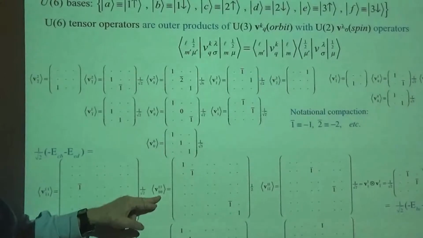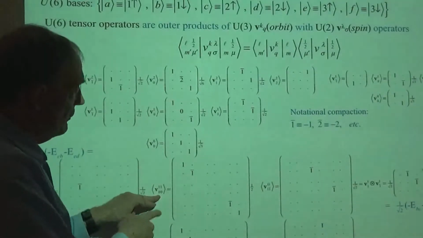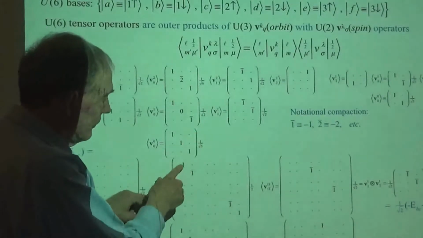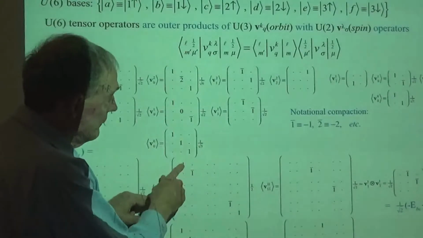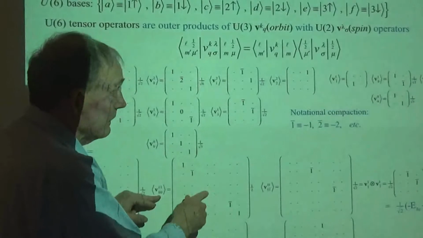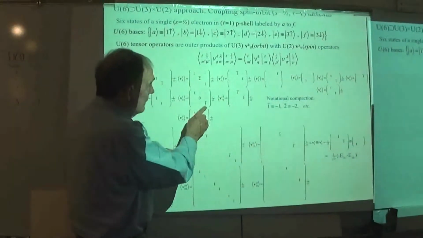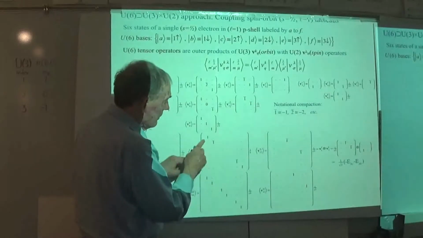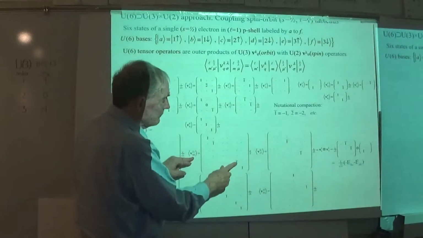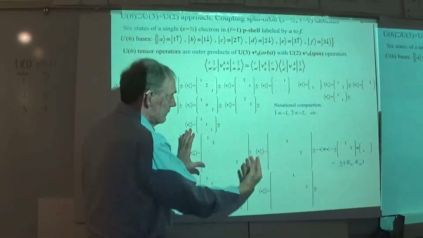It should have a 1/2 plus and minus. But we're keeping it, so it's just 1s. And it's 1 and minus 1, and it sits there. And then down here is 0 right in the middle. That corresponds to this 0. And then this minus 1 here is going to affect that same thing. So instead of 1 minus 1, it becomes minus 1, 1. So that's the diagonal part.